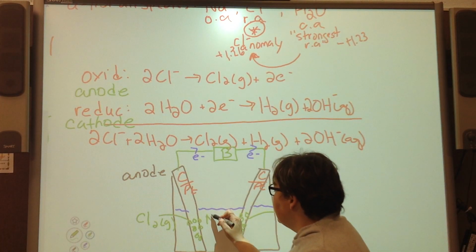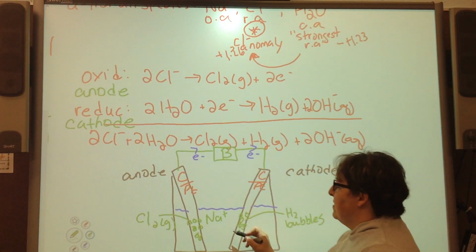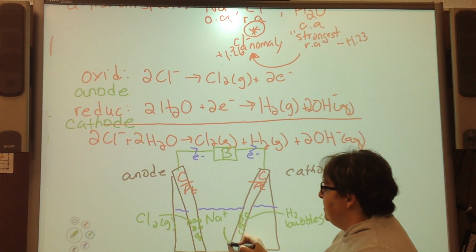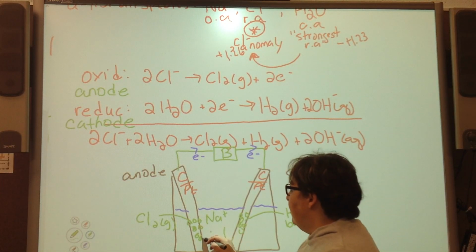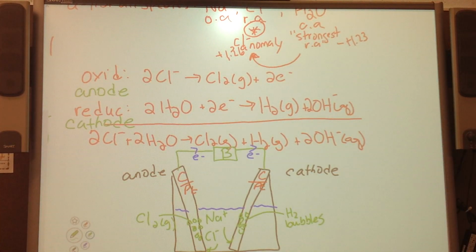And the sodium ions are going to flow which way? Towards the cathode. And chloride ions are going to flow in towards the anode. Anything else we need to put on our label, on our diagram?